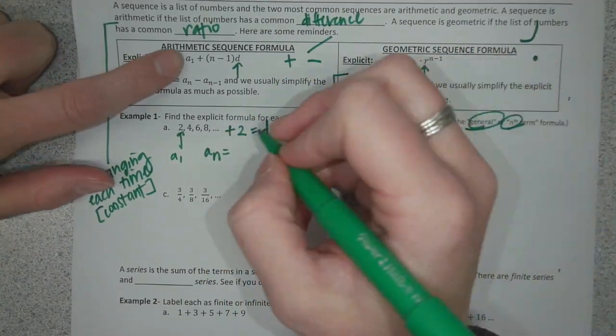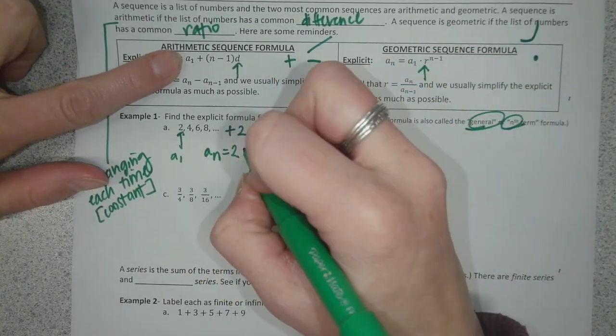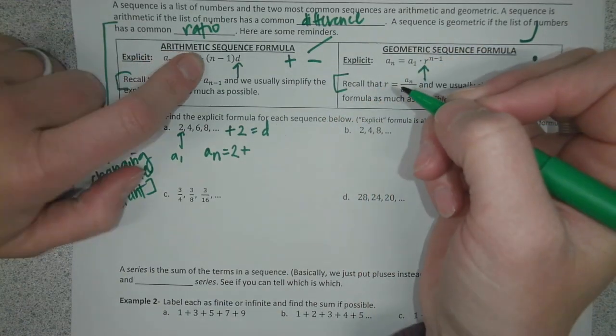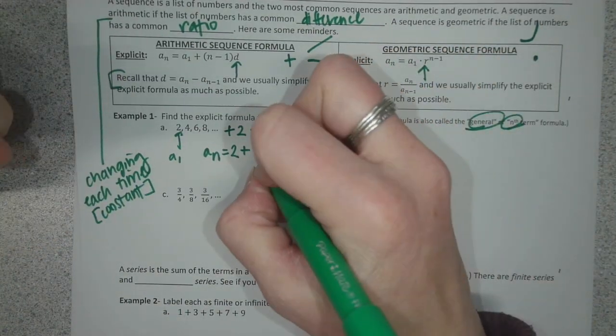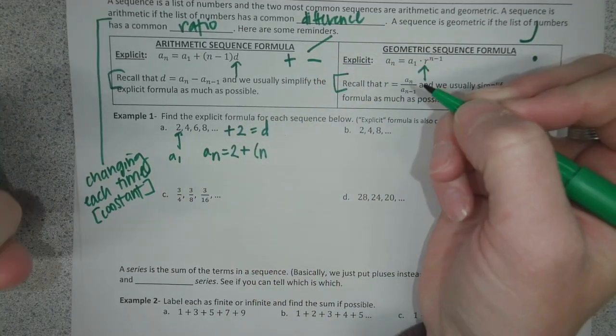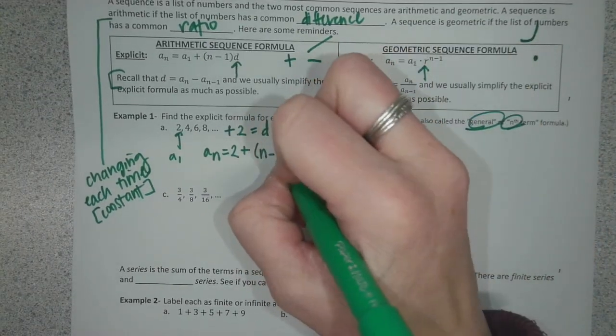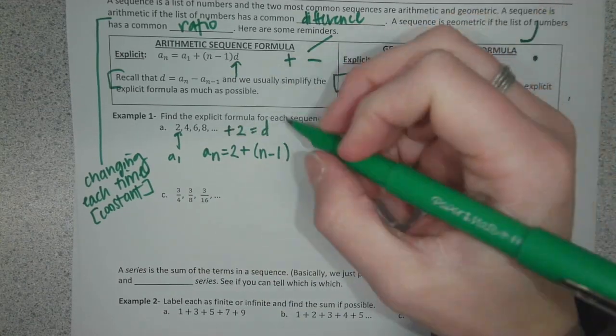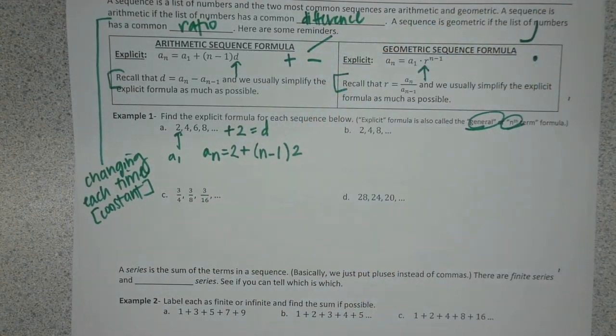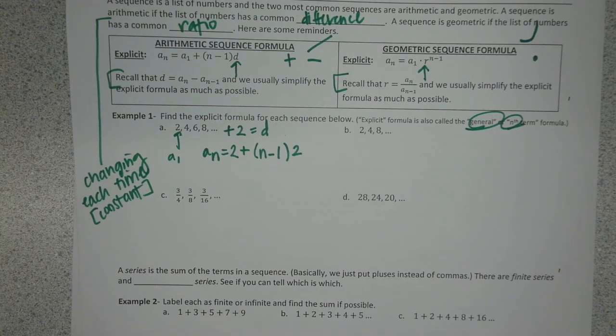I know my first term, which is 2, and then I know my n, which is my term number, and then I take away 1, and I multiply that by my common difference, which is 2, then I can figure this out. The reason that we do this is because, well, you could do it another way.